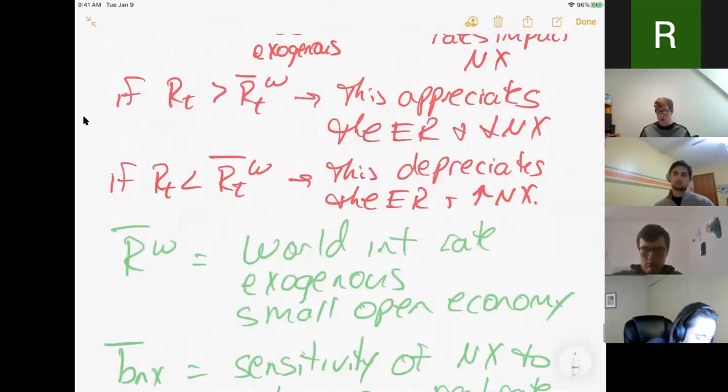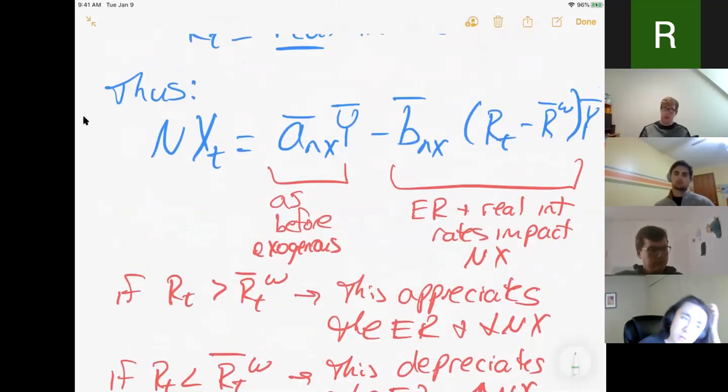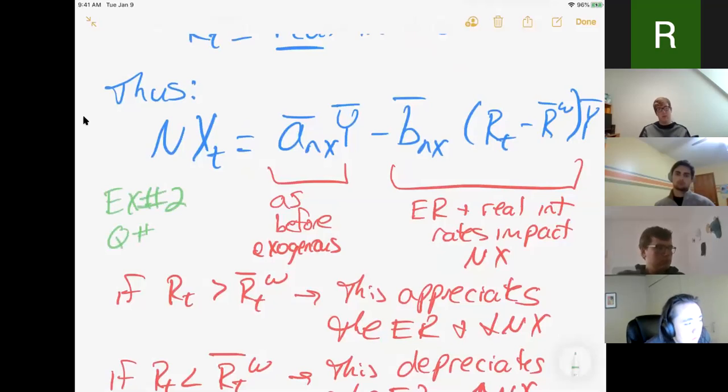So, if this setup looks at all familiar, it is. This is actually a very similar setup to what you were asked to do in exam number 2, right? Remember in exam number 2, what question was that? I think it was question number 2, where I said, imagine a consumption function now that's based on interest rates.